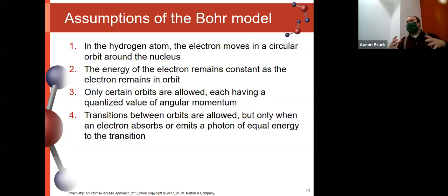Hence the concept of an energy level. All the electrons in that orbit hold the same energy. Now, inside of this model of the atom, there are multiple orbits, but only certain orbits are allowed, those that quantify to a specific amount of energy.